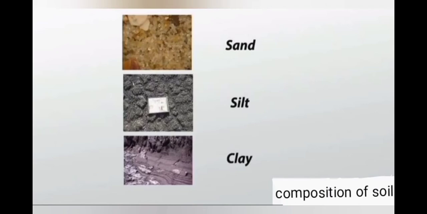Let us see how the composition of soil is. Soil is made up of different types of soil particles, that is sand, silt and clay, right? So sand, these are the largest soil particles. Silt is smaller than sand particles but bigger than the clay particles.